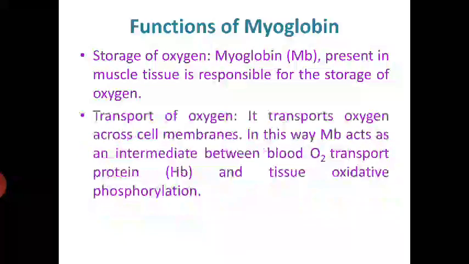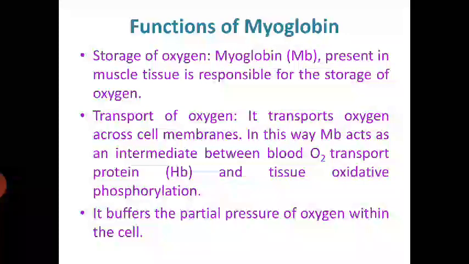When hemoglobin brings oxygen from the lungs to the tissues, myoglobin carries that oxygen from the tissues to the cells. So it is responsible for tissue oxidative phosphorylation also. The next function is buffering capacity, that is, it buffers the partial pressure of oxygen within the cell.